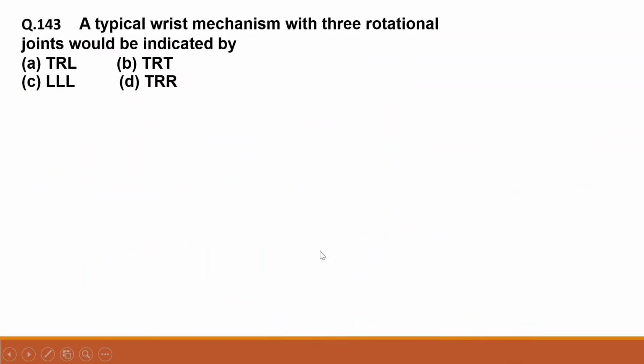Moving to the next question. The question is on the screen. The typical wrist mechanism with 3 rotational joints should be indicated. This one is a simple question, guys. This point is wrong, this point is wrong, this point also is. Option C will be our right answer here.